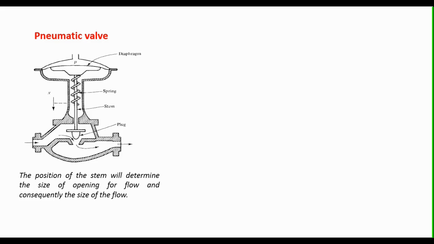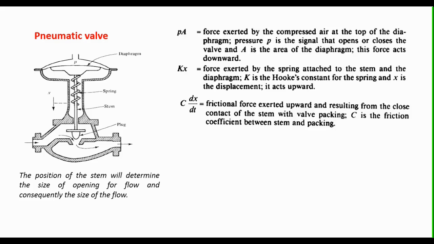So the position of the stem determines the size of the opening of the flow and consequently the size of the volumetric flow rate. Now if you apply the balance, there are certain forces acting on the system. These forces are P into A, the pressure forces, K into X because of the spring, and C dx/dt because of the frictional forces.